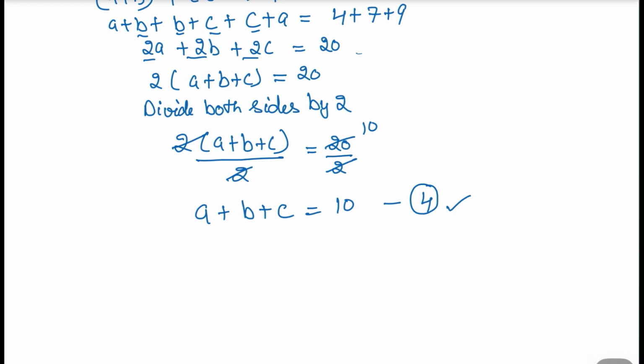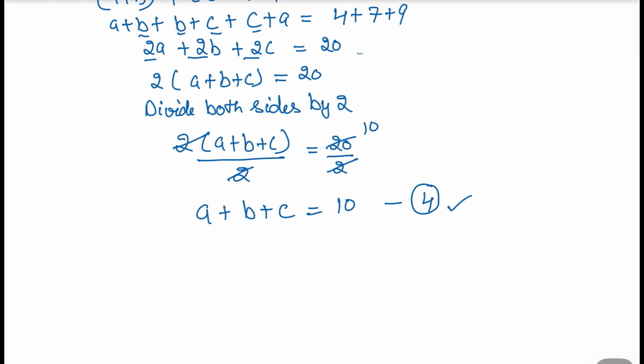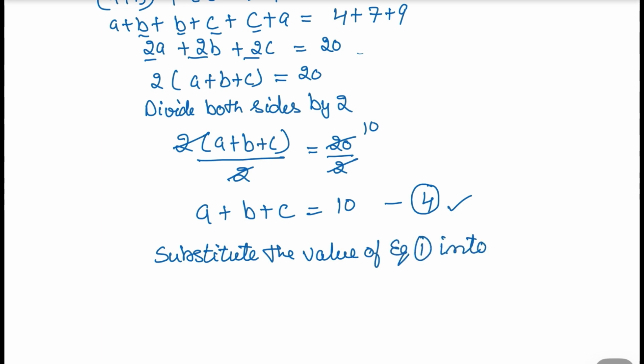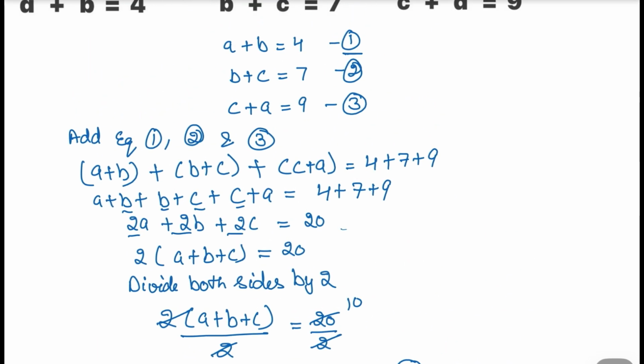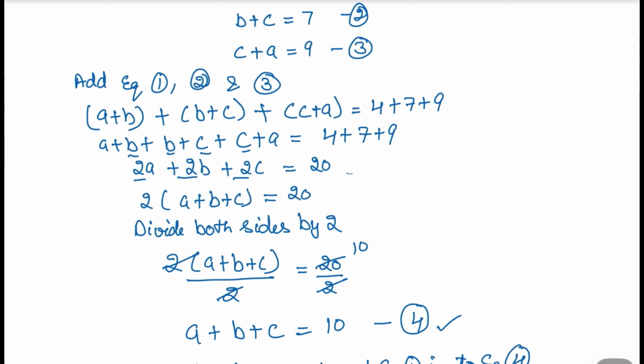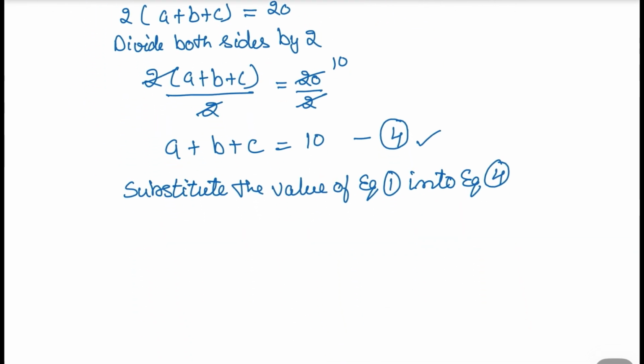So we will write here, substitute the value of equation 1 into equation 4. So in equation 1, the value of a plus b is equal to 4. So we substitute this value here. The equation is a plus b plus c is equal to 10.